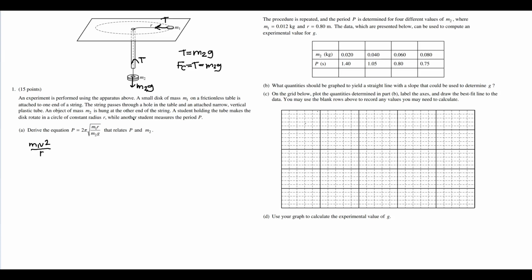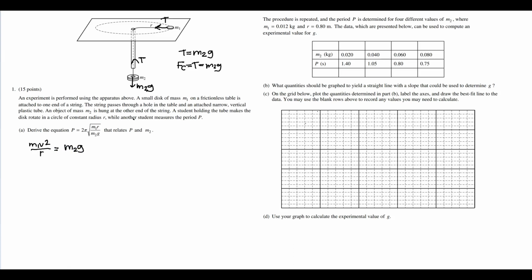So this will basically be our net centripetal force. M1 V squared over R equals M2G. All right.